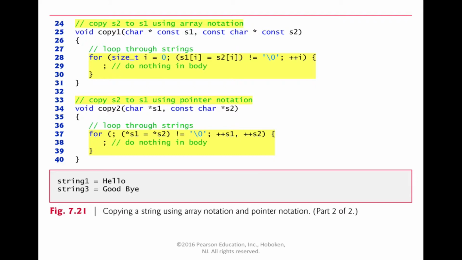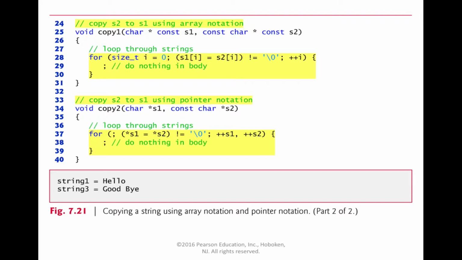Because string 1 is what we are changing, and you can see that by the assignment operation in the comparison, because remember the result of an assignment is the value that was assigned. So we're going to continue this assignment until we come across that null termination character, and then we're going to stop.